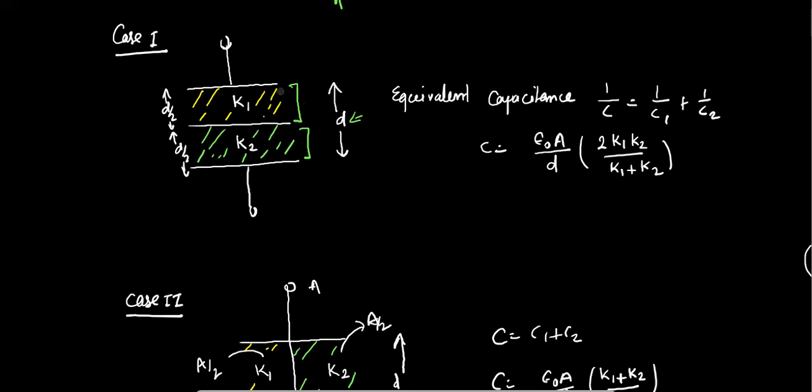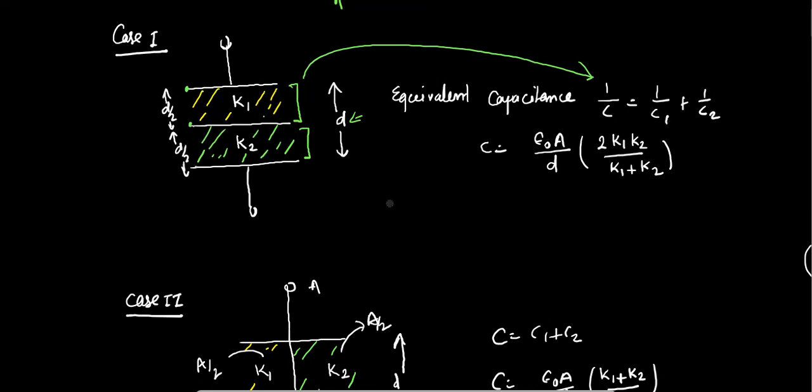Okay, so we are going to use here the relation for equivalent capacitance for the series combination of capacitors, which is 1 by C equivalent equal to 1 by C1 plus 1 by C2. And now the separation for this capacitor becomes D by 2 for the first capacitor and D by 2 for the other capacitor.